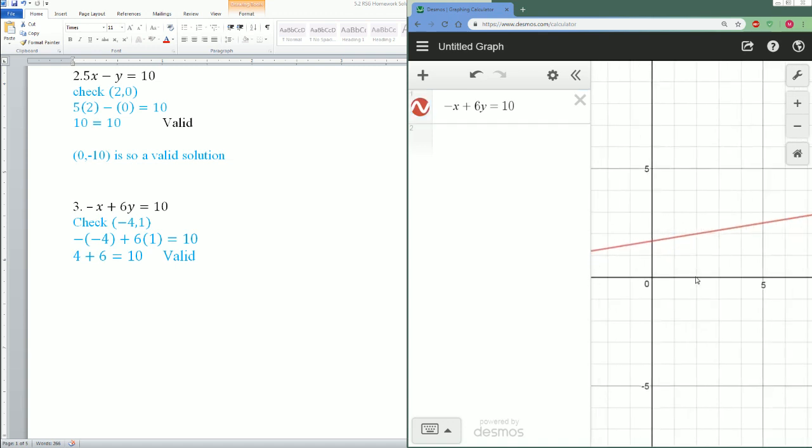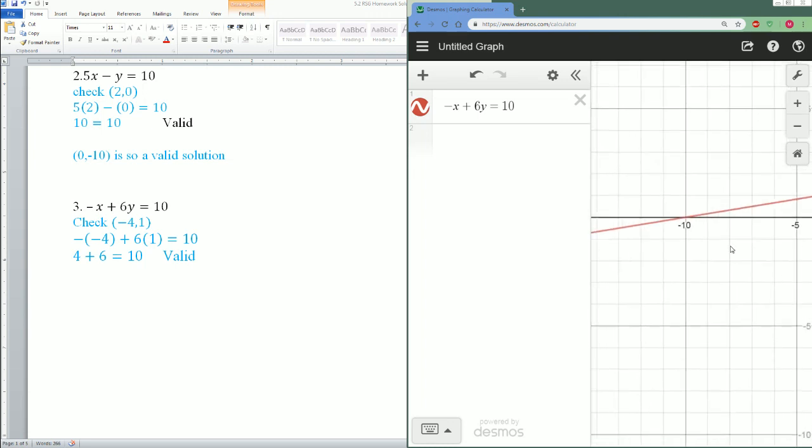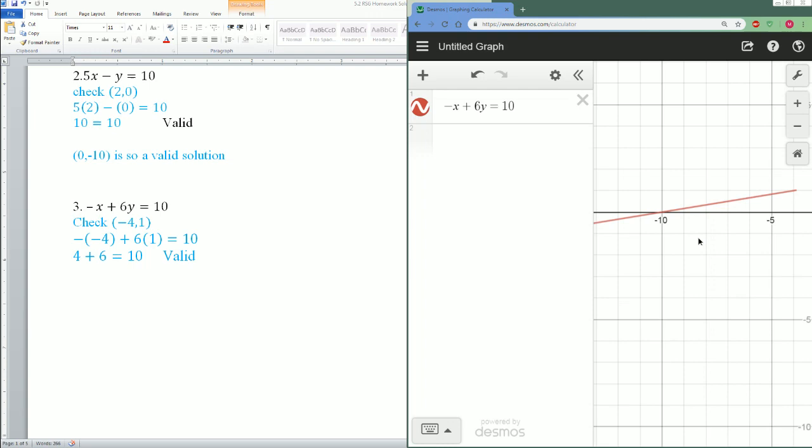2 comma 2, is that a valid answer? Oh, 2 comma 2 is also a valid answer. Right? 10 comma 0? Nope, that's not. And negative 2 comma 2? Nope, that's wrong.